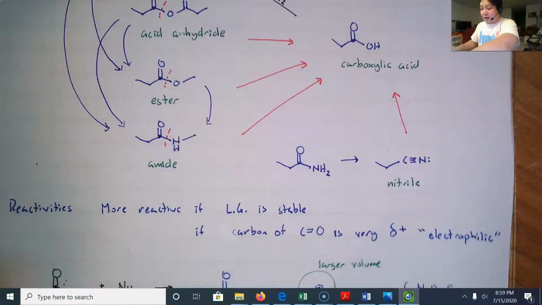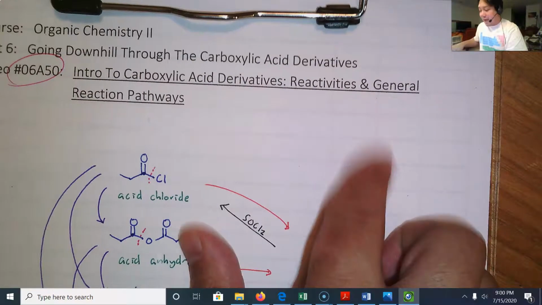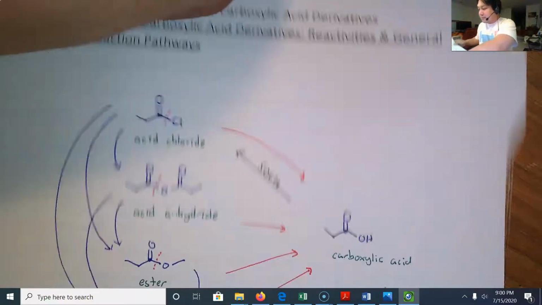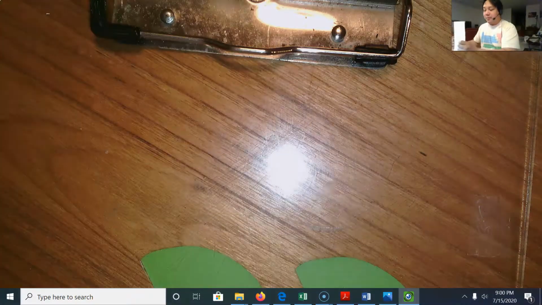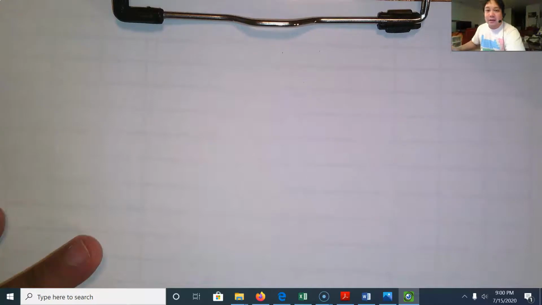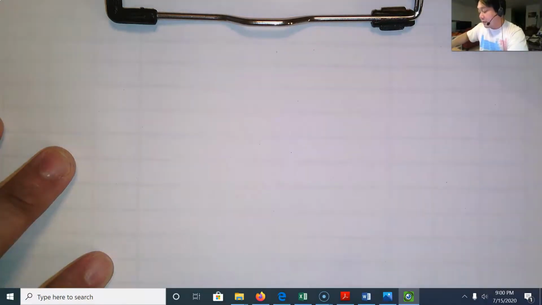Now, I do want to go through some general reaction pathways because we have experience with carbon-oxygen double bonds with the aldehydes and ketones. And if you recall the type of reactions we had there, we were adding nucleophiles, oxygen nucleophiles, carbon nucleophiles. We did not do nitrogen nucleophiles, but we'll do that later.